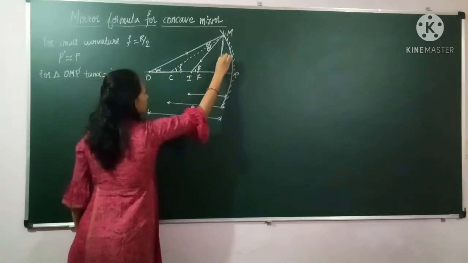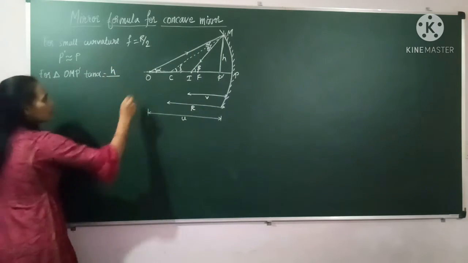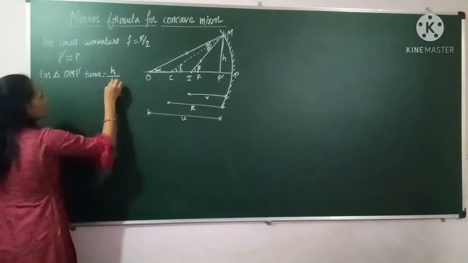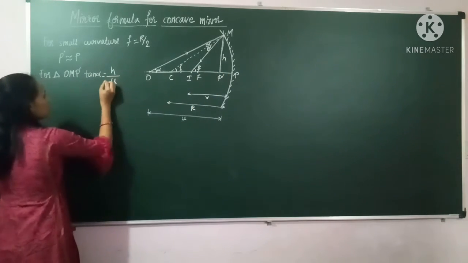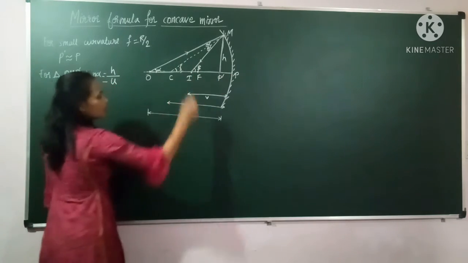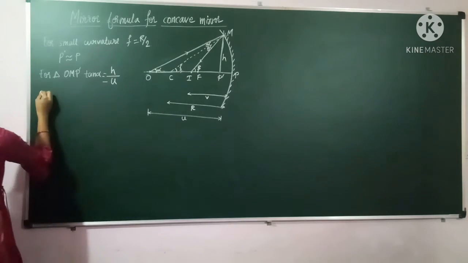This perpendicular distance we will take as h. So this is h divided by base. From O to P dash, the distance is u. So we'll take it as u. But this u we will take as negative, because this distance is measured opposite to the direction of incident light. So here we will take a negative sign.